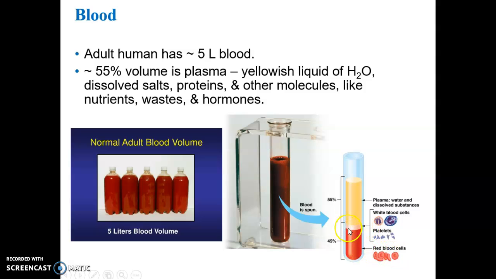There's often what's called a little buffy coat, which has the white blood cells and something called platelets that we'll talk about. And then the top part is kind of a translucent part, and that's called the plasma. Kind of a yellowish liquid, mostly water, with lots of dissolved things in there. Salts, proteins, and other molecules, like nutrients like glucose, wastes, and hormones. So about 55% of the entire blood volume is this plasma, with all these things in it.